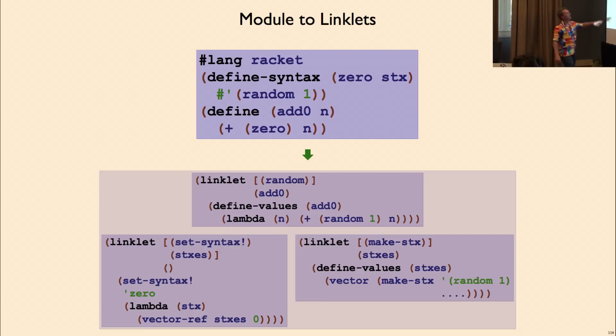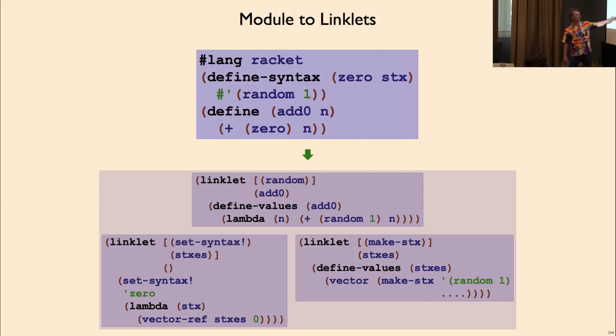So if you have a Racket module like this, here I've got a macro definition, some runtime code. This actually turns into a collection of linklets. And these two linklets represent different phases. So this is the runtime code, which might be the only thing you need if you're just running the final program. This is the compile time code, and Racket's module system has this phase separation.